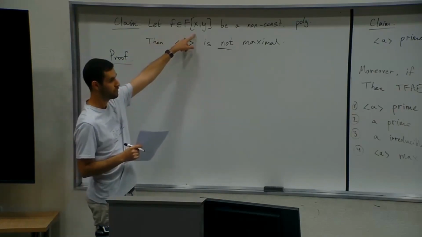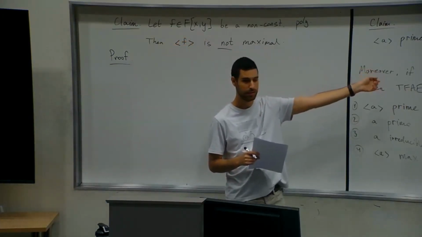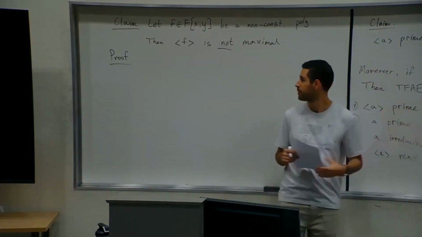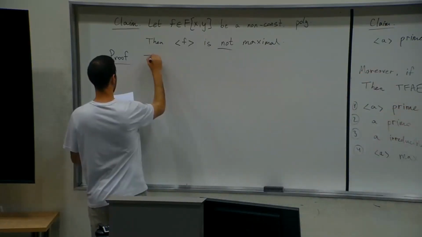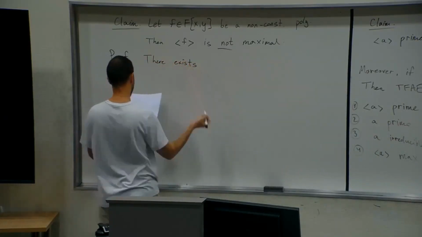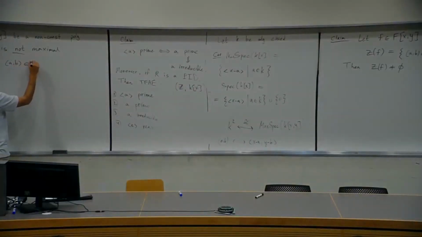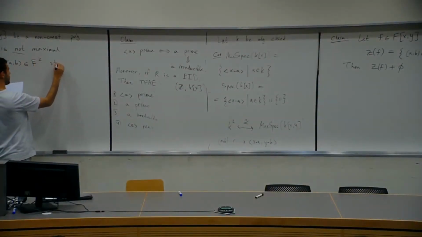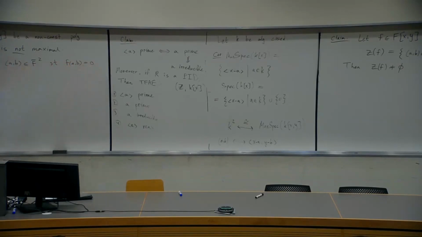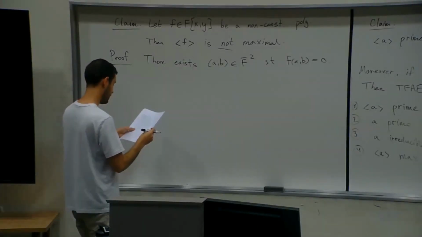So we have such an f. Let's consider the curve that it defines, the zero set Z(f). We just said that Z(f) is non-empty. So there exists (a, b) in F bar squared such that f(a, b) is 0. Okay.